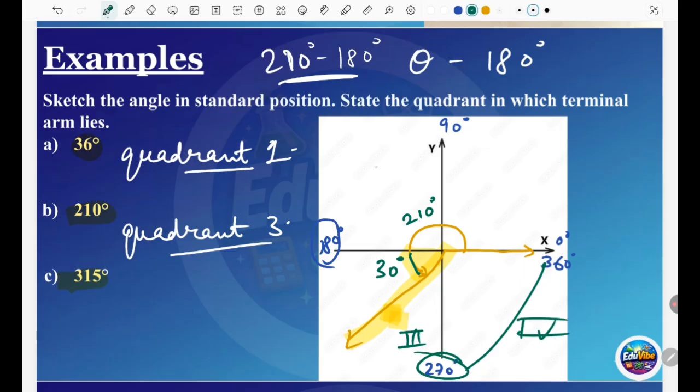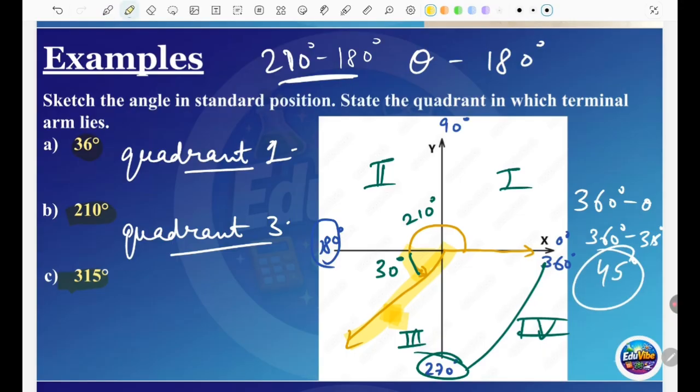For the second or the third one, we always use 180 degree minus theta or theta minus 180 degree. For the first one it stays the same. For the fourth one we do 360 minus theta. So that is 360 degree minus 315 degrees, and you will get 45 degrees.